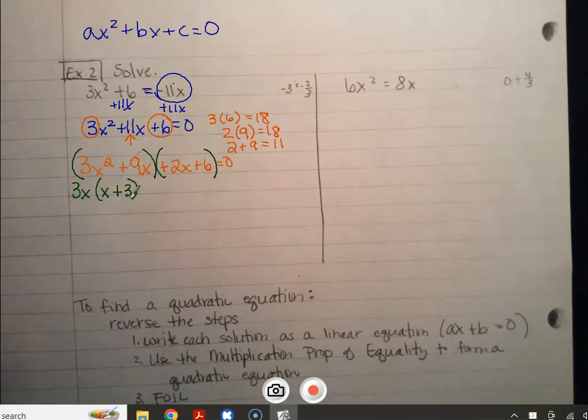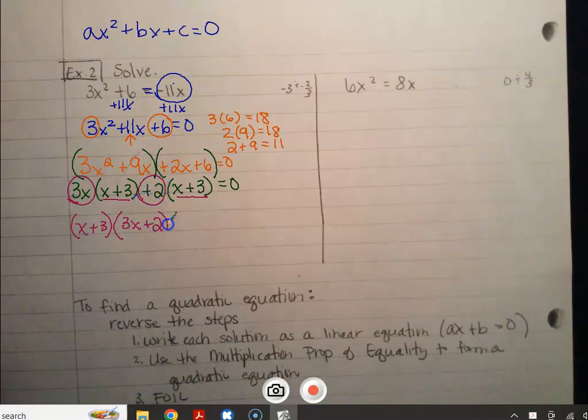Out of the next one, I've got positive 2x plus 6, so I'm going to factor out a positive 2. 2x divided by 2 is x, plus 6 divided by 2 is 3. This all equals 0 still. Then I have that common binomial, so I can factor that out. Let's pull out the x plus 3, and what we have left is 3x plus 2 equals 0.